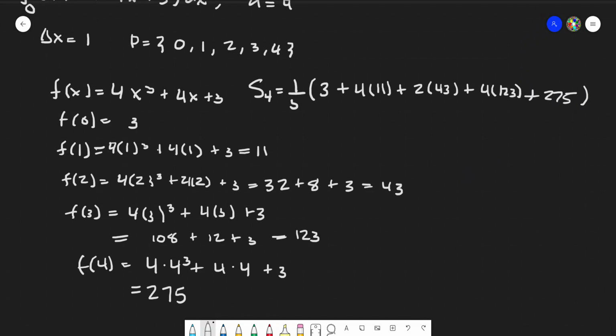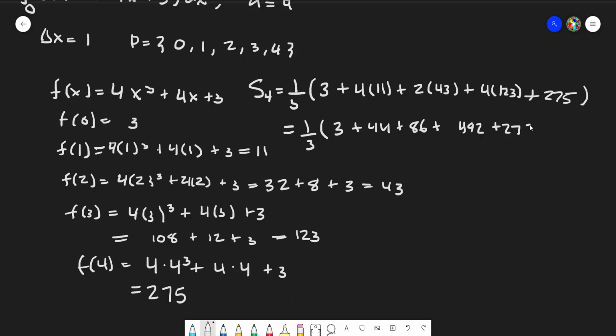We just need to find what that's going to be. Go ahead and plug this into your calculator, whether you plug in the whole thing or just take 3 plus 44 plus 86 plus 123 times 4, which is 492.